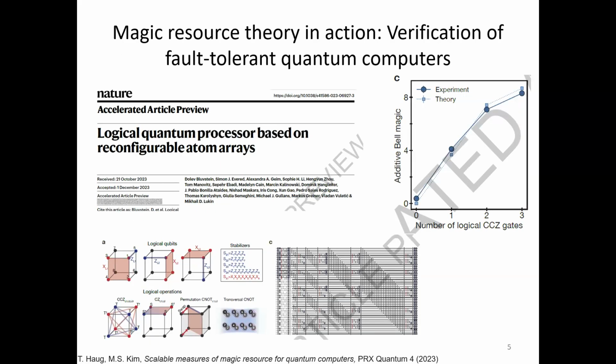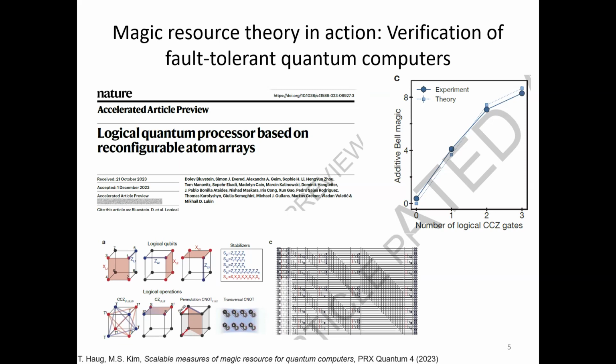Okay, as a side note that I'm very proud of, so that's why I'm mentioning it: recently, resource theories of magic have been put into practice for a very important application. If you checked Twitter and Nature recently, you will find that the Lukin group has run up to 48 encoded logical qubits on their Rydberg atom quantum processor, which is unprecedented on this scale.